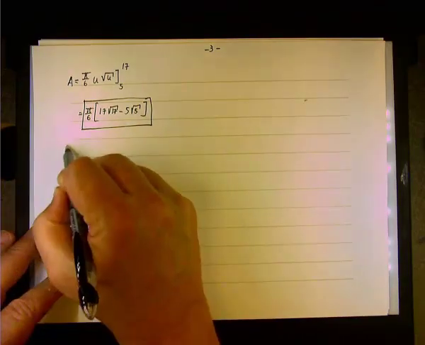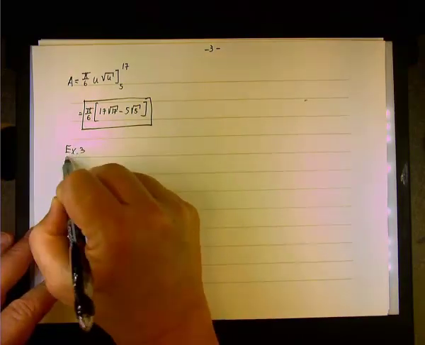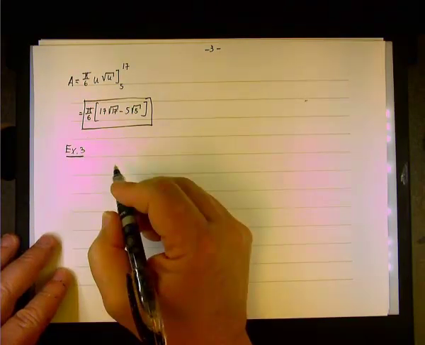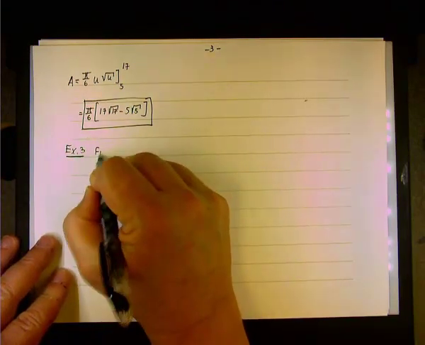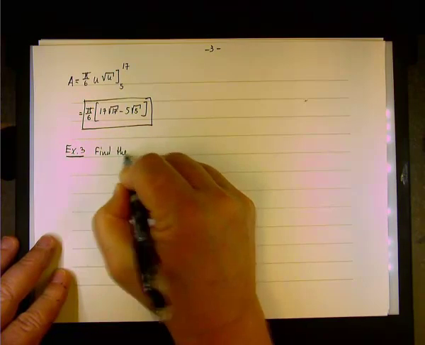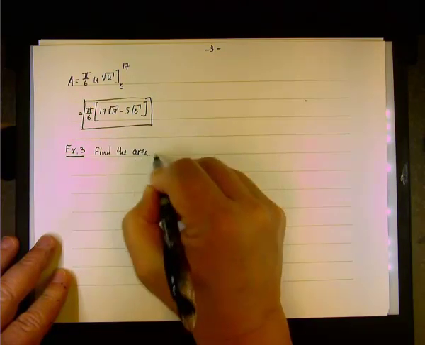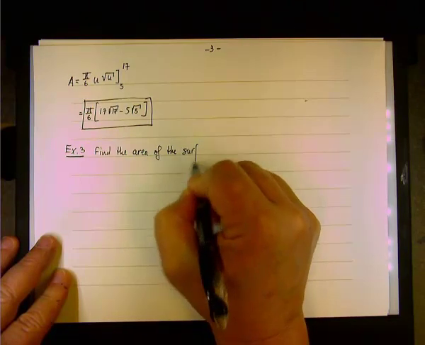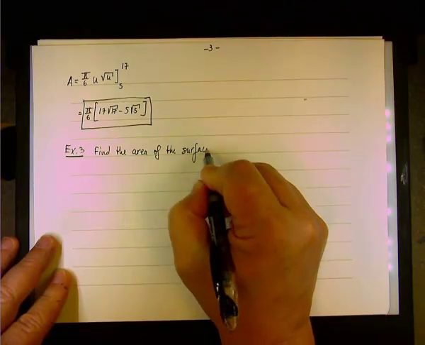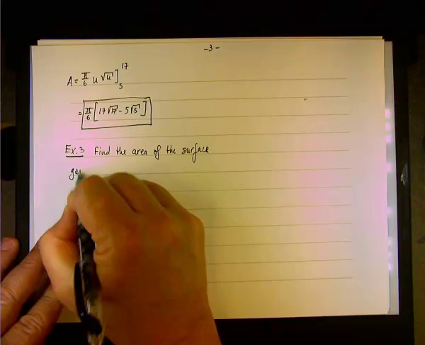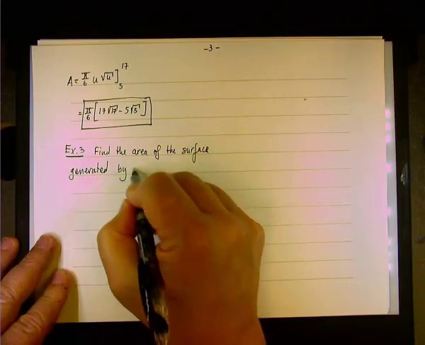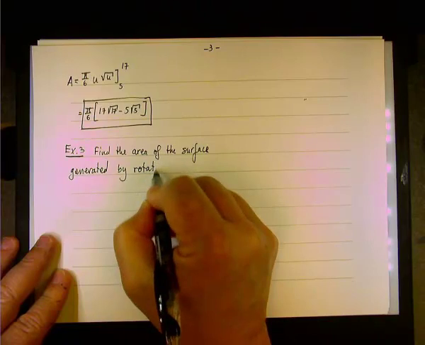So this is the last example in this topic. Find the area of the surface generated by rotating... So let me break the suspense.